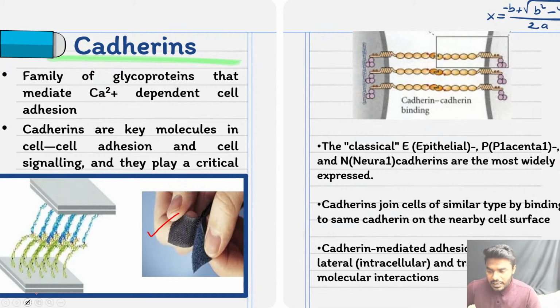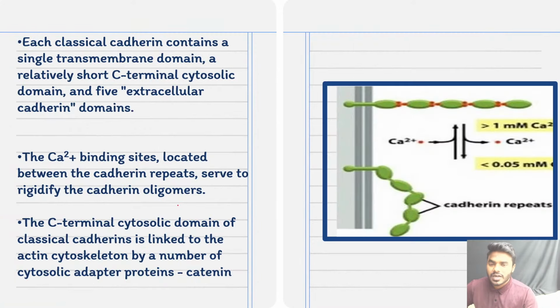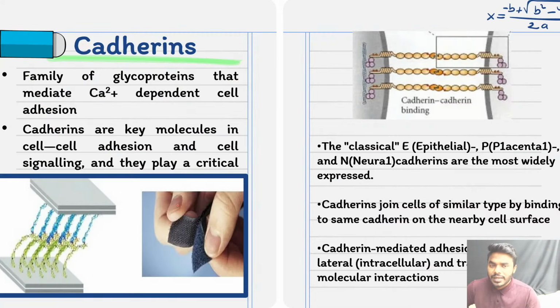In the same way, friends, when the cadherin molecules associate with each other, they associate very, very strongly. And I want you to remember the most important, significant point: if cadherin molecules want to associate with each other strongly, there is a compulsory requirement of calcium.